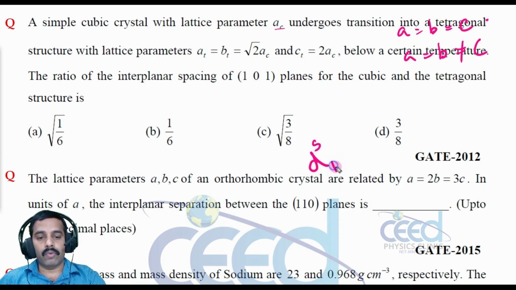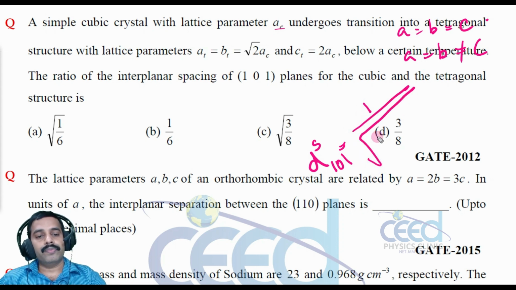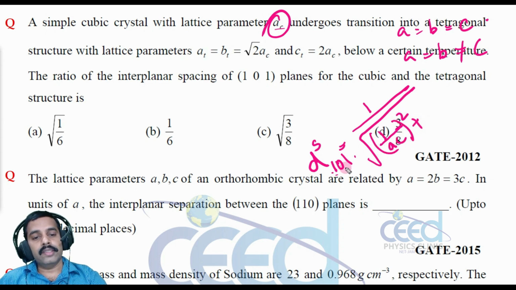The plane is 101, so what is the equation we have studied? d equals 1 by root of h by a the whole square plus k by a the whole square plus l by a the whole square. Here h is 1, and a is AC, so 1 by AC the whole square, plus k is 0, so 0 by AC the whole square, plus l is again 1, so 1 by AC the whole square.